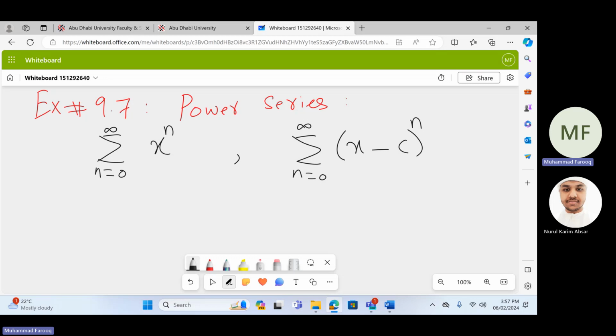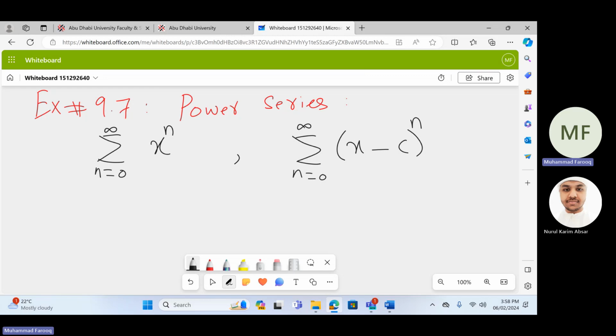So you have now two variables, x and n. That's why this is called a power series. This is the first thing which you have to identify.